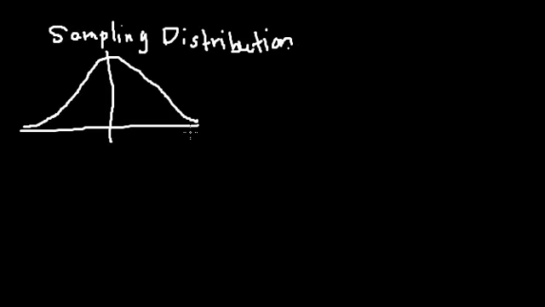Alright, so all the things that we were trying to do is for us to build the sampling distribution, where the mean of the sampling distribution, the mean of the means, is related to the population distribution.